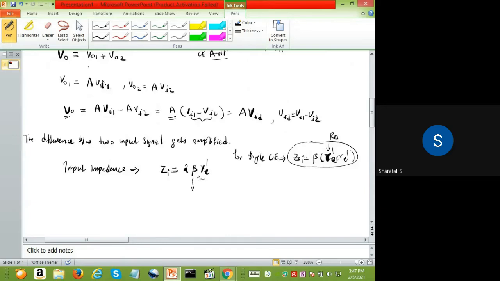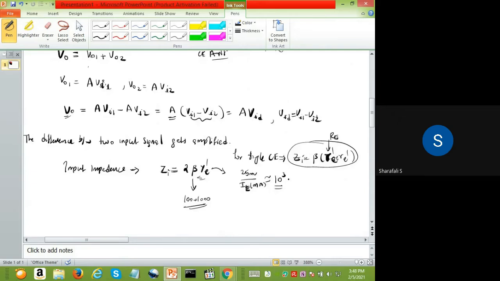So this beta is in the range of 100 to 1000. That is the current gain. And this RE dash dynamic resistor will come as 25 millivolt by IE, the emitter current, which will be in milliampere.